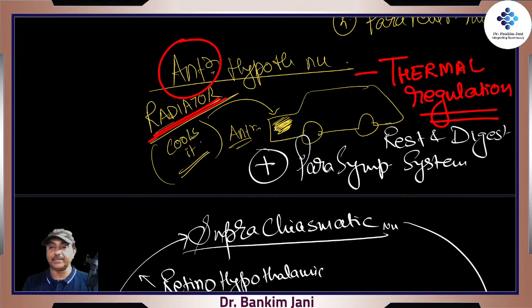This person will be developing hyperthermia, very high grade fever, because thermal regulation system is gone. Remember your car, in case this radiator goes away, that engine keeps on getting heated till that smoke starts coming out.